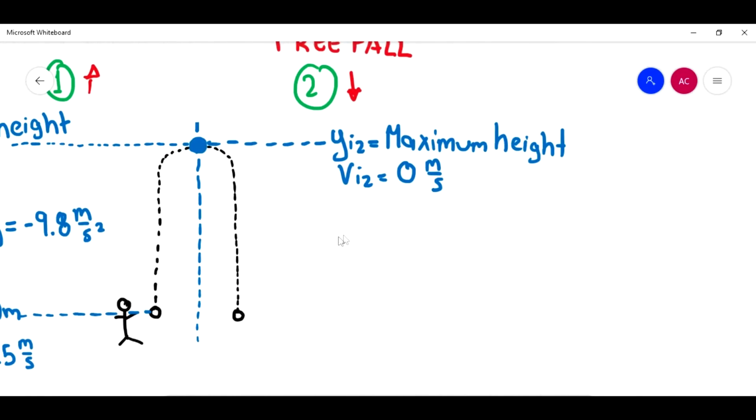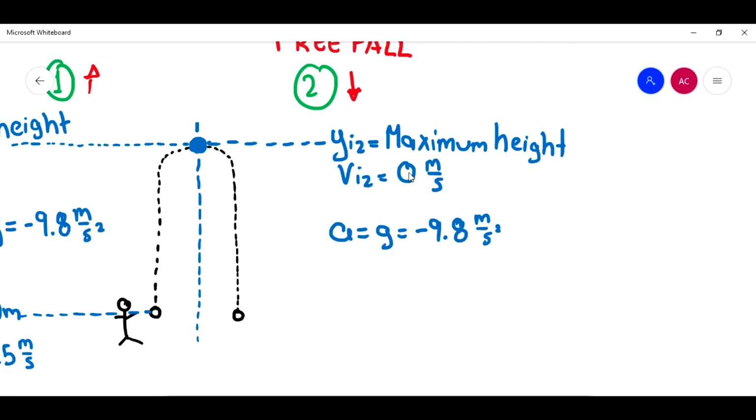Okay, so here is the final point. We have the acceleration, that is gravity, minus 9.8 meters per second squared. This acceleration is the one responsible for decreasing the velocity by 9.8 meters per second each second, due to the fact that the velocity starts at 0.